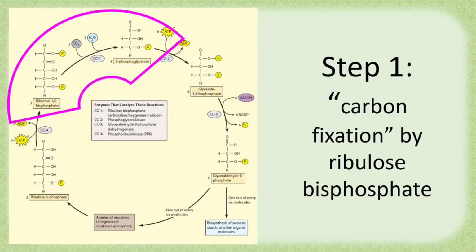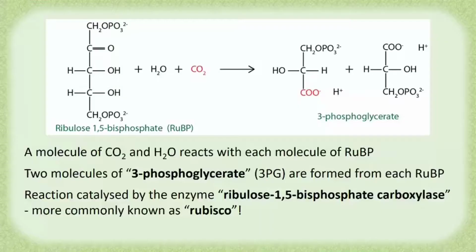So the first step that we're going to consider now is where carbon dioxide is used in photosynthesis. It's known as carbon fixation, and it directly involves the substance we've just mentioned, the ribulose bisphosphate. Let's look at the detail of what happens in this first step.